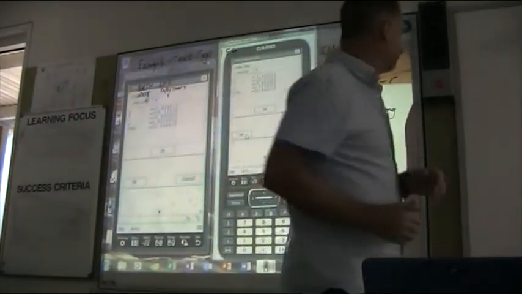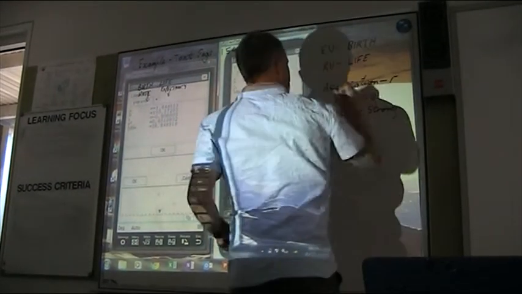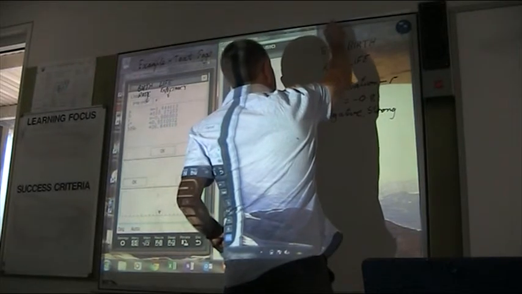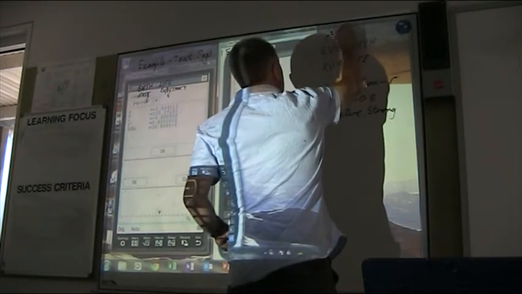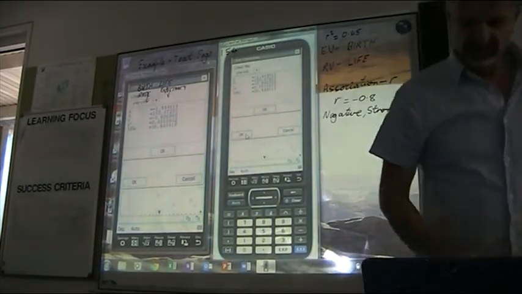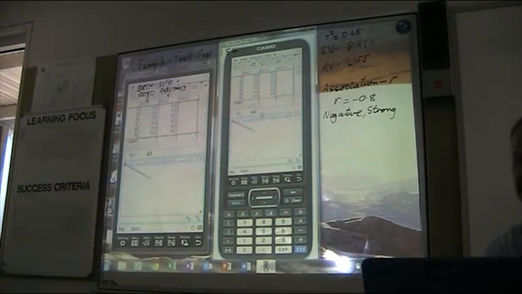Alright, I'll just put the R squared, we might use the R squared later. So I'll just write the R squared up here so I don't have to go back to here, 0.65. Alright, so then when I go OK, it draws the graph in there for me.